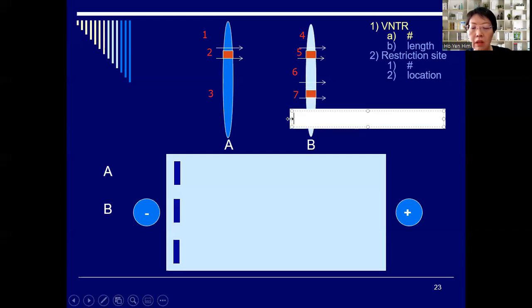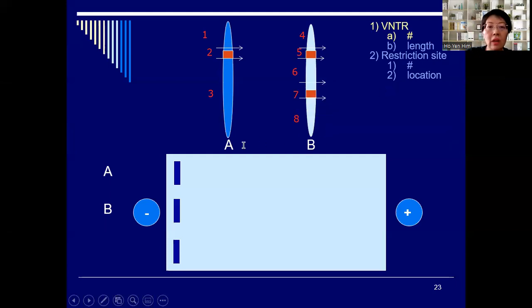So I've got 8 DNA fragments of different sizes. Sample A I put in this well, sample B I put in this well here. Then I start the electric field to separate the DNA fragments.